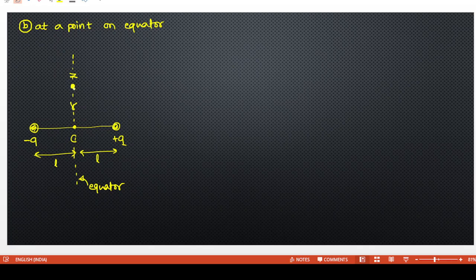Now at point Z, the positive charge will produce its electric field, as well as the negative charge will produce its electric field.